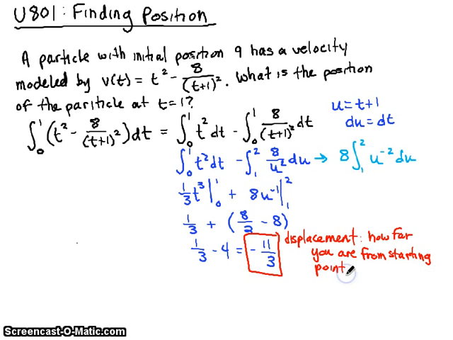And that should make sense because we know that an integral tells us the total change in the antiderivative. If the antiderivative of velocity is position, we just found the total change in the position. How far have I moved from where I started?